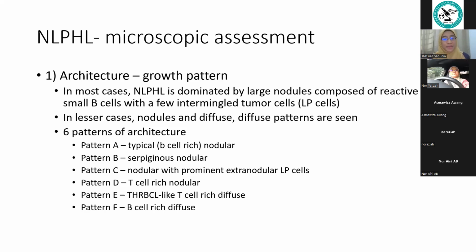And pattern E is a diffuse pattern, and they have the T-cell histiocyte-rich B-cell lymphoma-like pattern. And pattern F is a diffuse pattern with B-cell rich background. So pattern E is the one that has the most overlapping features with T-cell histiocyte-rich B-cell lymphoma.